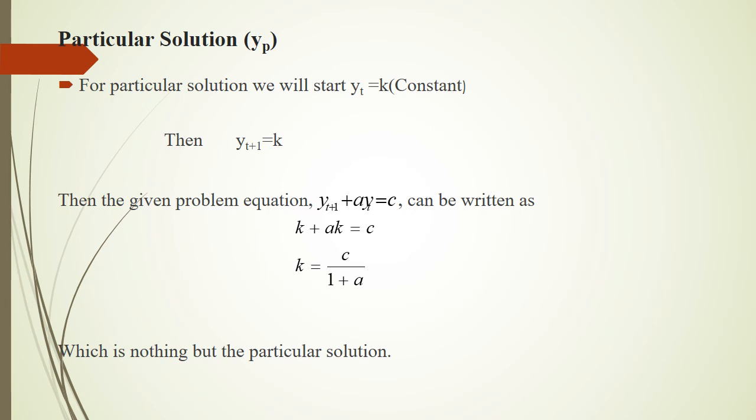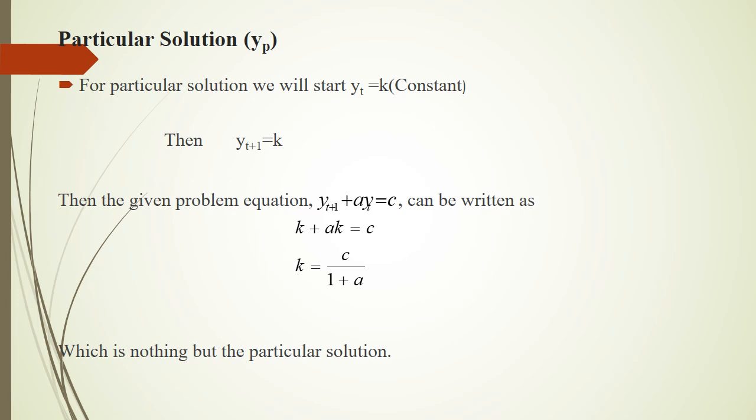Now come to the second part, that is the particular solution or yp. What you have done in your differential chapter is you have taken certain values of y for the particular solution. Particular means a particular value of y. For taking a particular value, the simplified choice is to take any constant. Gradually we will be relaxing it.